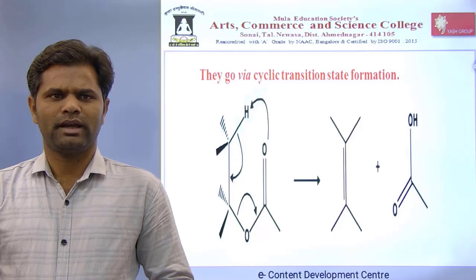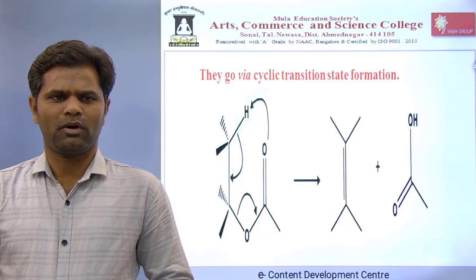They go via cyclic transition state formation like this one. In this case, the reaction particularly goes via the six-member cyclic transition state, and there is a formation of olefin as the main product plus the acid as the byproduct.